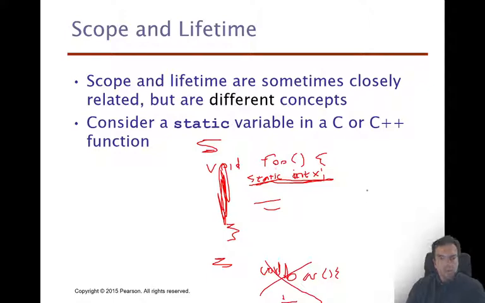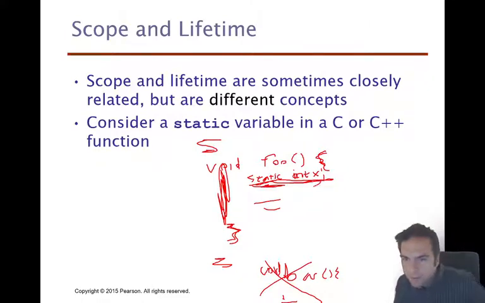It's only visible within the scope in which that static declaration was made. So that's a big difference between visibility and lifetime. This is what they mean when they say a static variable in C or C++. It gets remembered between consecutive function calls, but it's not visible outside of that function's block of code.